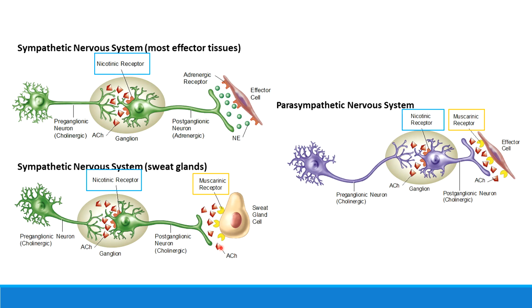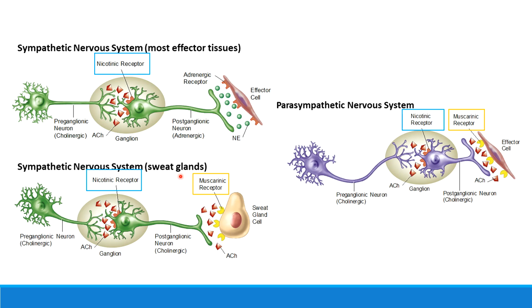But notice I do have a special case where I'm using acetylcholine in the sympathetic division. And that one special place that I'm using it is when I'm talking to sweat glands, when you're breaking out in that nervous sweat because you're in fight or flight.